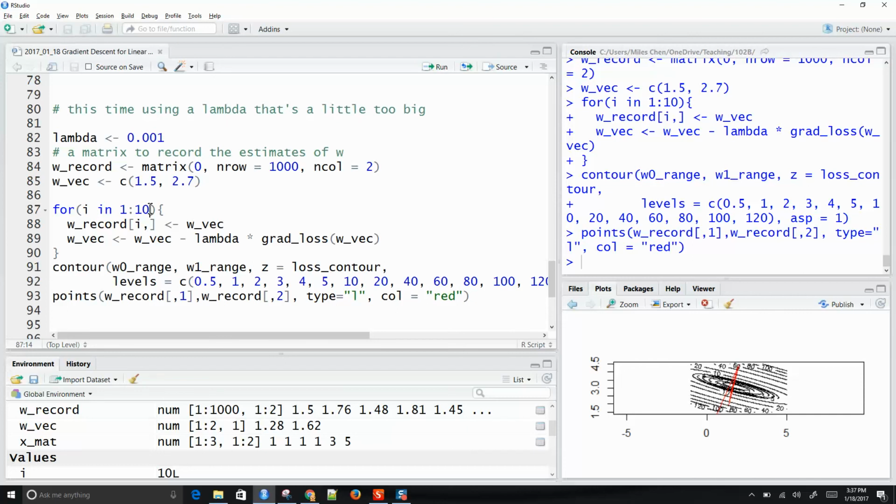Basically, lambda just adjusts it, so instead of adding that vector directly to your current location, you're shrinking that vector down to something small, so you're taking a small step.